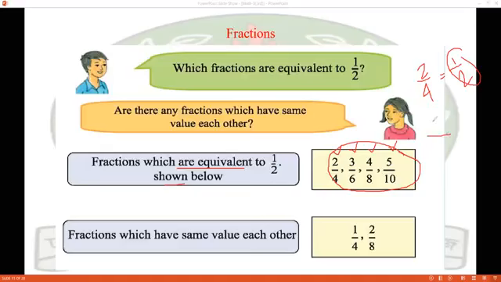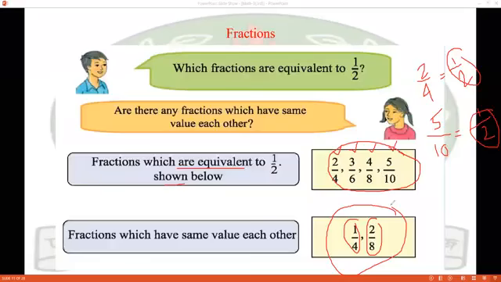Also 5 by 10, when we divide the denominator and numerator by 5, we get 1 and 2. This is also half. So they are equivalent fractions, fractions which have the same value as each other. This is also true of 1 by 4 and 2 by 8. They are also equivalent fractions.